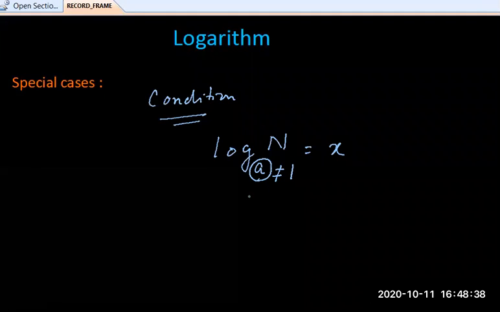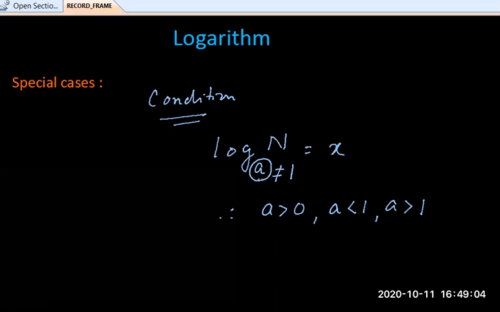Then what is the value of a? We can take a must be positive, means greater than 0. Second condition, a can be less than 1. Also a should be greater than 1, and then it can be defined.